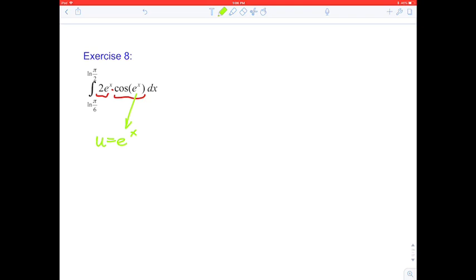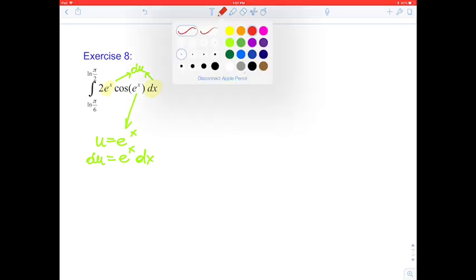u is e to the x, the derivative du, derivative of e to the x is just e to the x dx. And I believe I can erase this for now, and I can highlight e to the x dx. This is going to be du. Okay, this part will be replaced with du.